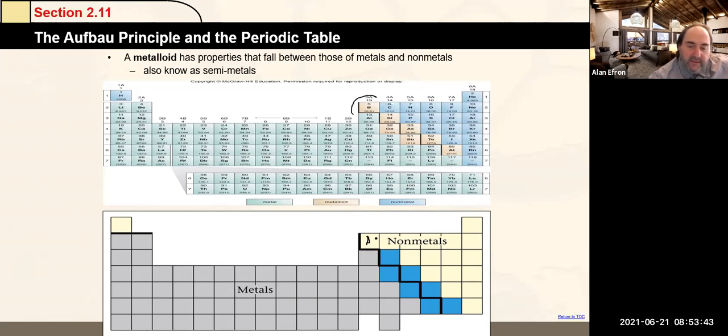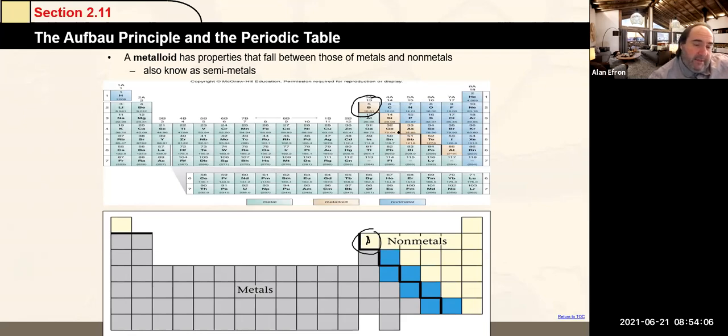I think your book might as well. As we go from metals to non-metals here, I don't want to say they're transition metals, because transition metals are obviously over here, but they're transitioning from metals to non-metals in the sense of semi-metals or metalloids.